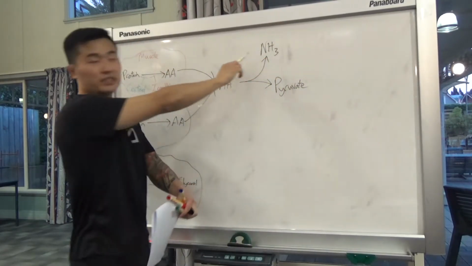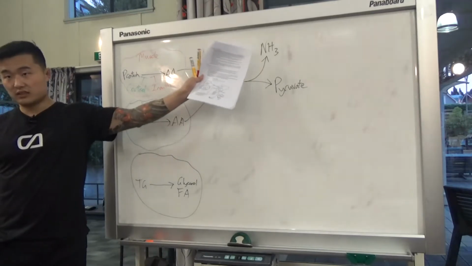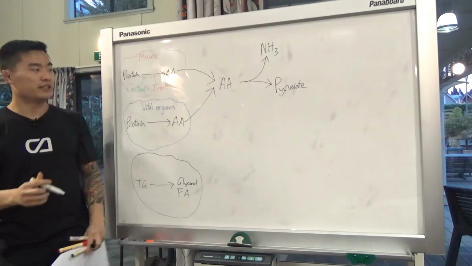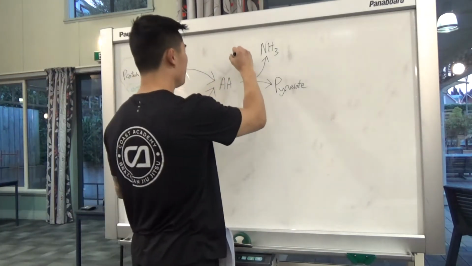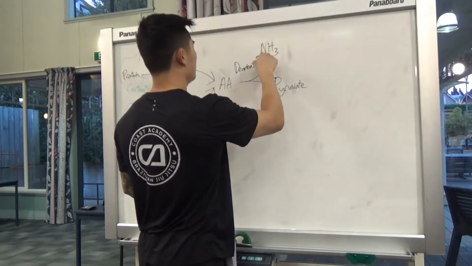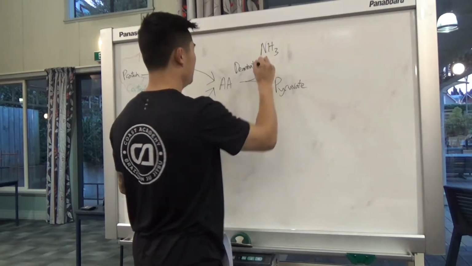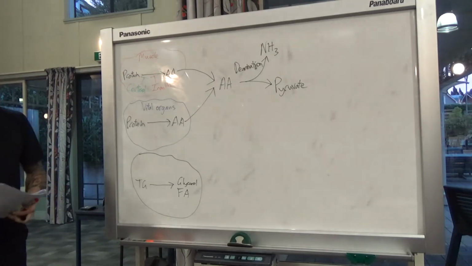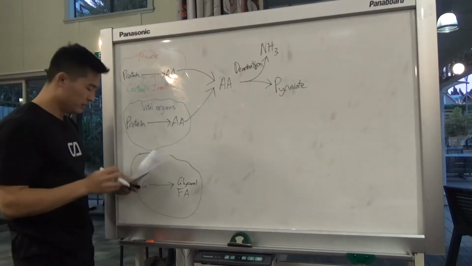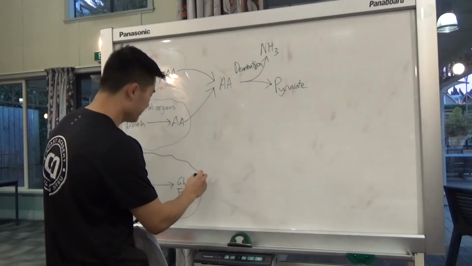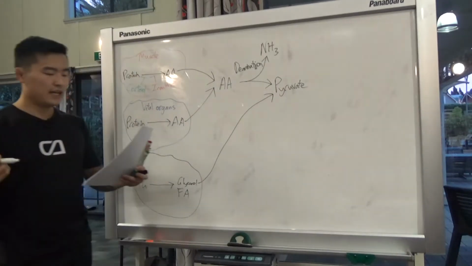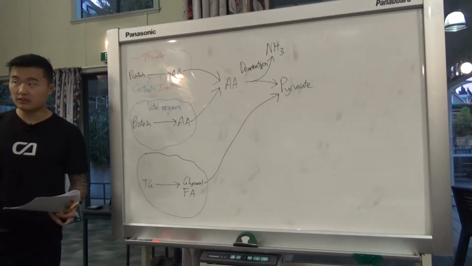So what is this? Yeah, so this is ammonia. So we need to deaminate them. So deamination or transamination. Okay, and then we've got the glycerol. So the glycerol can be converted into pyruvate as well.